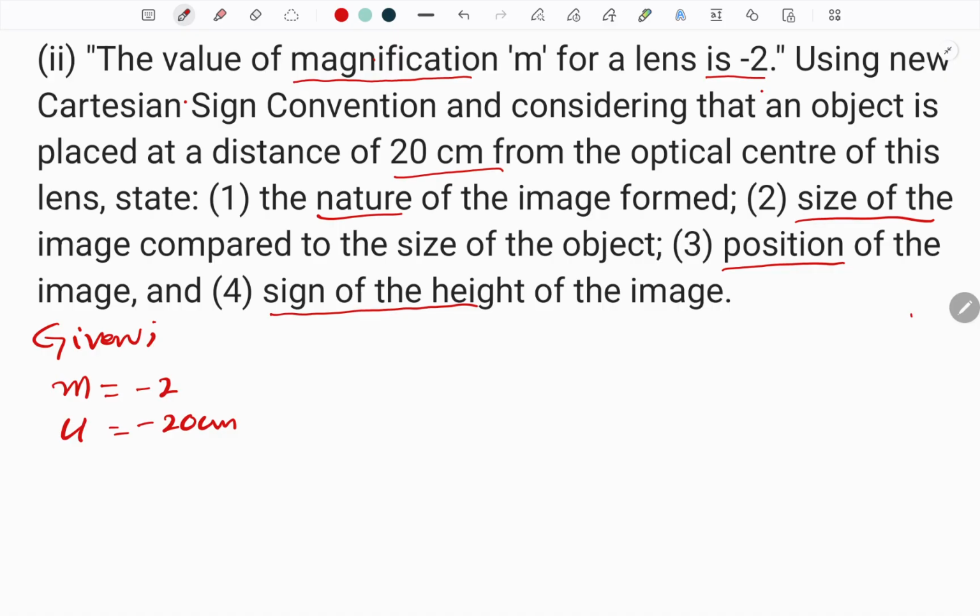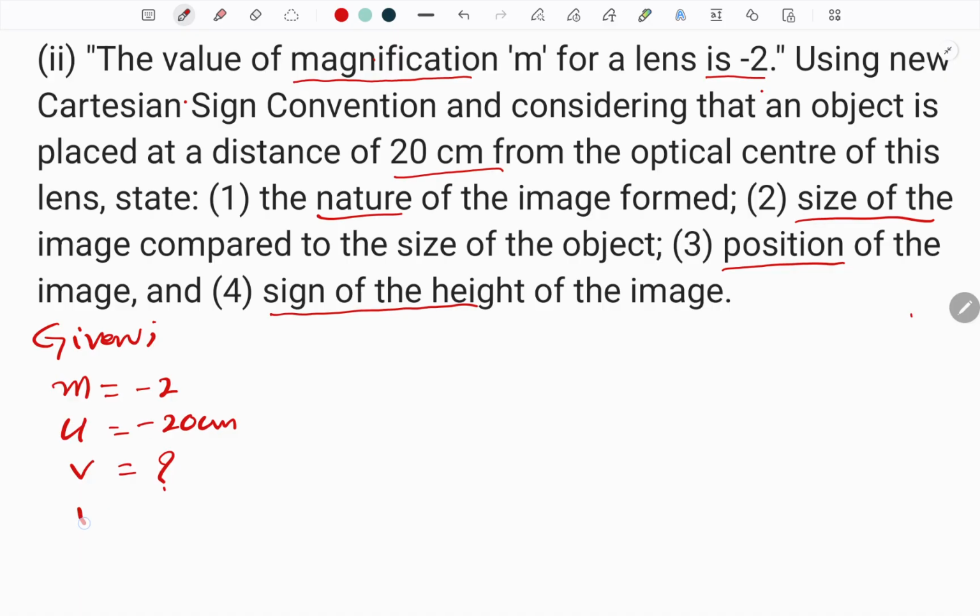These two are given for us, and from these two values we have to find out the nature of the image, size of the image, position of the image, and sign of the height of the image. To find these four things, you need to find out the image distance. To calculate image distance from these two values, how can we do it?